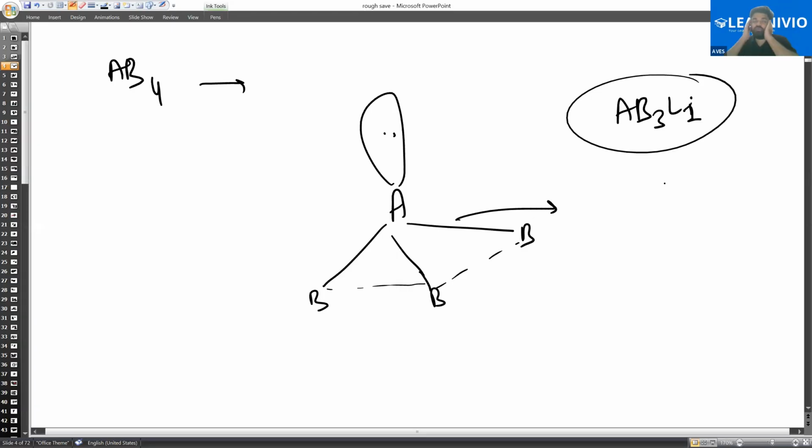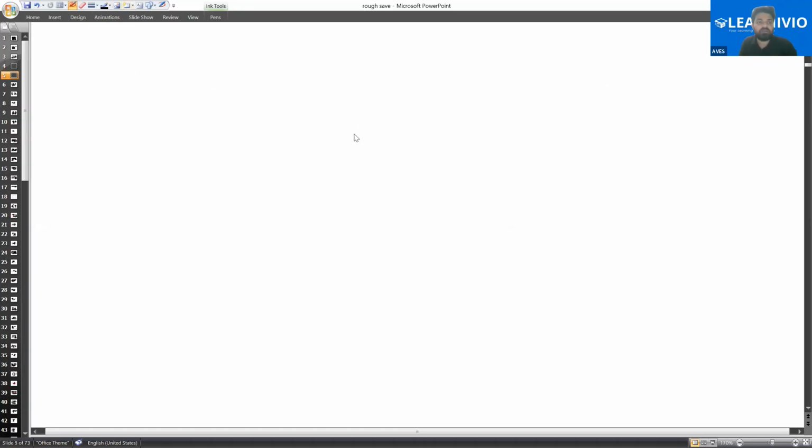So if you want to imagine what the shape of AB3 and L1 would be, add this L1 also to B first. AB3 plus L1 gives you AB4. Now remember that AB4 is tetrahedral. From the tetrahedral, imagine that you remove this vertical line.